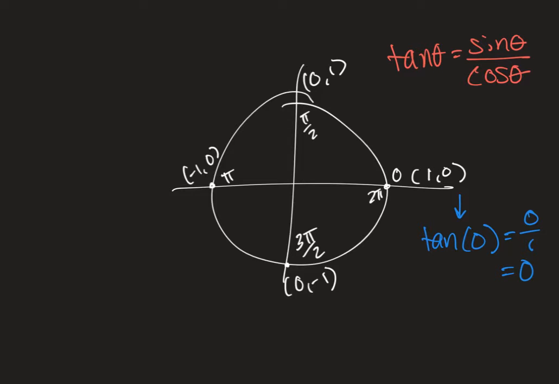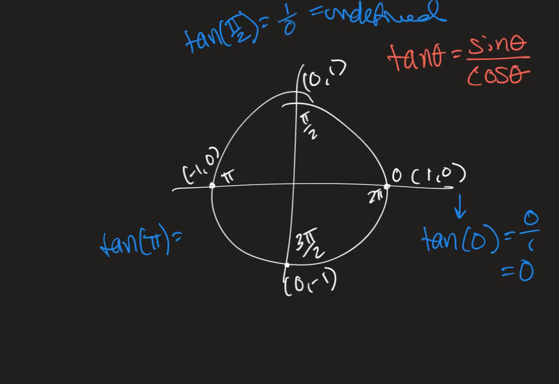For pi over 2, up here, tangent of pi over 2 is going to be sine over cosine, 1 over 0. That is not going to work, right? Red flag should be going off. This is undefined. For pi, our tangent of pi is going to be 0 over negative 1, or also 0. 0 divided by anything is still 0.